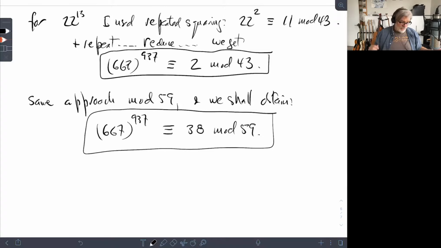Okay, so I've got my two values, mod 43 and mod 59. Now I need to compute the value that the Chinese remainder theorem guarantees.